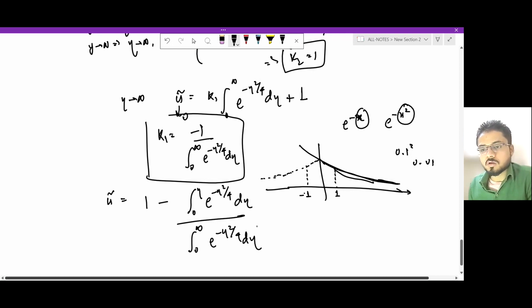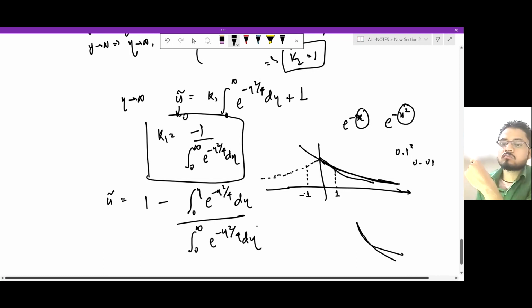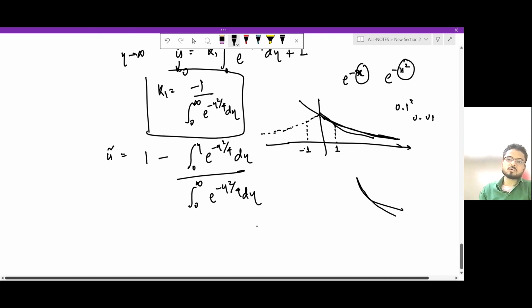So it would be probably more than this one, something more like this, but it will obviously converge to 0. Anyway, so this would be the nature of this curve.